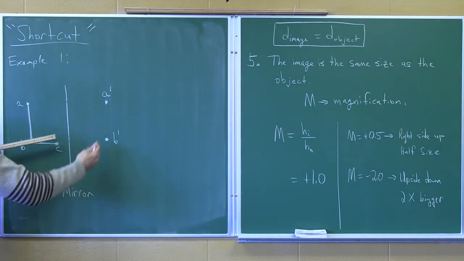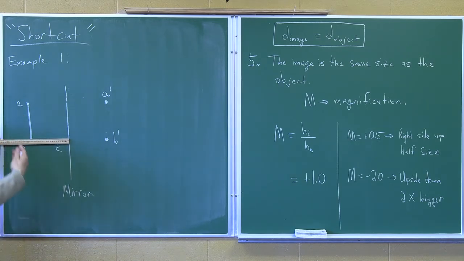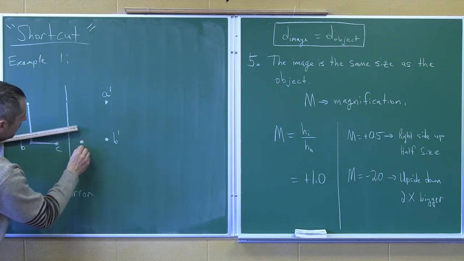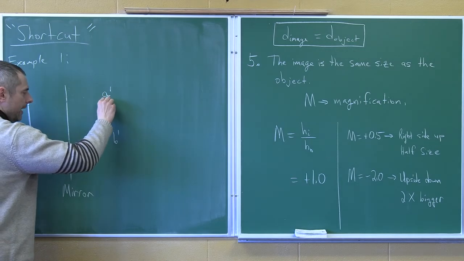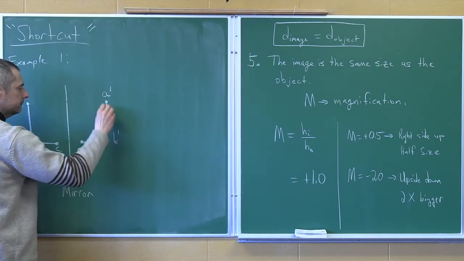Endpoint C reflects behind the mirror. Where? Well, 6 centimeters in front of the mirror, so it'll be 6 centimeters behind the mirror. So there's what I'm going to call C prime. And then the rest of the L I can fill in, draw down and over. Down from A to B, over to C. There is the image.